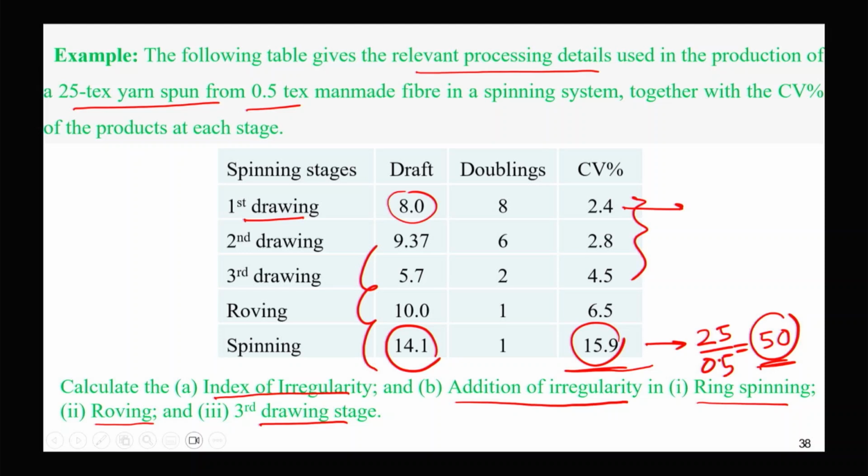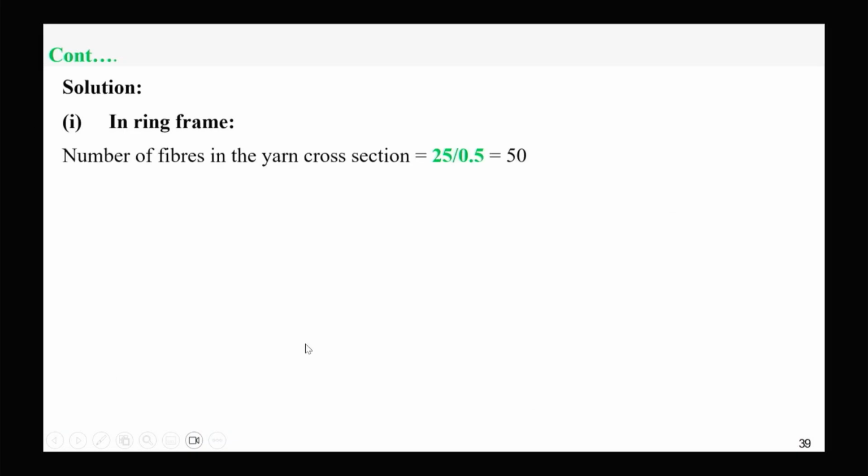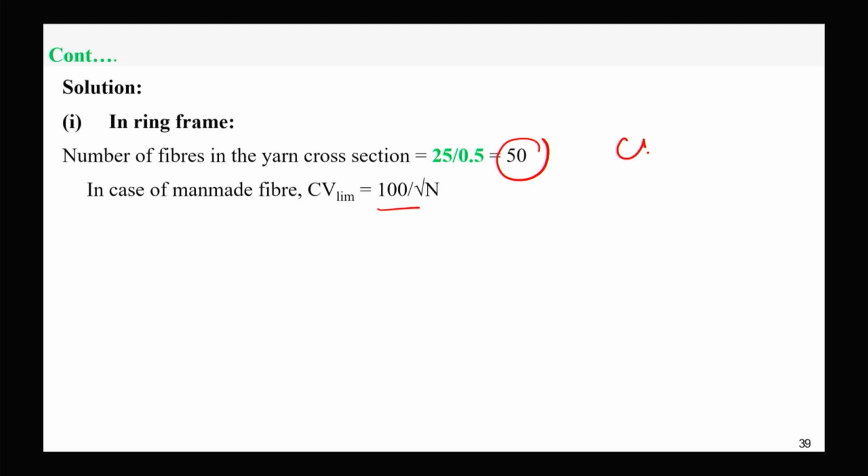Okay. Now first start with the ring spinning. So in ring frame, number of fibers are 50. From the given relationship, we know the relationship for CV limit, which can be calculated as 100 by under root 50.